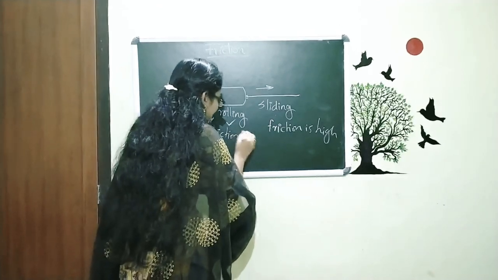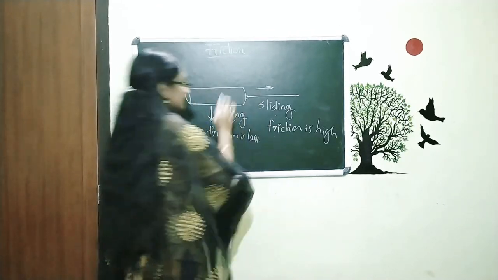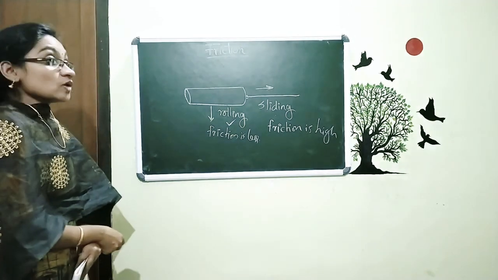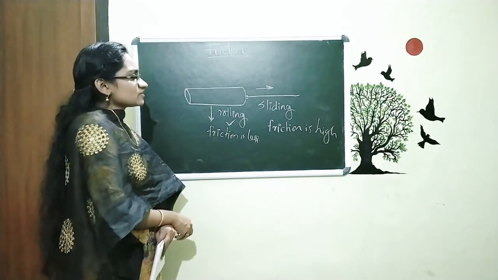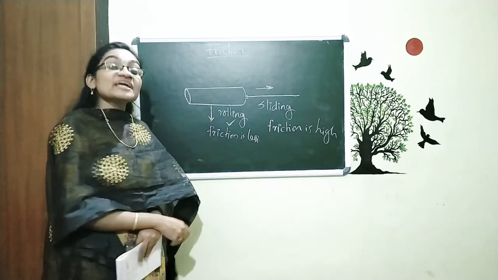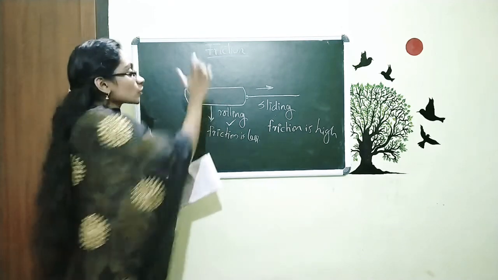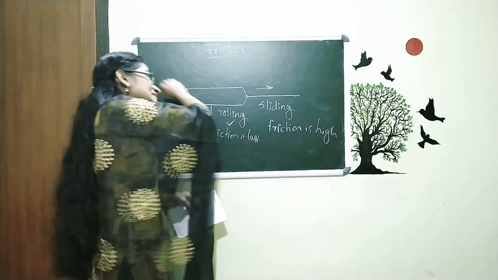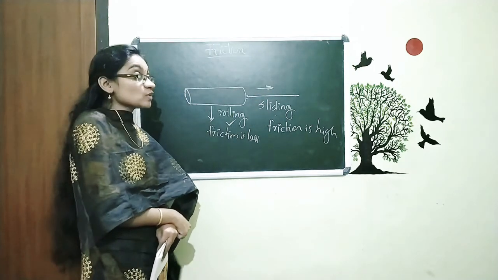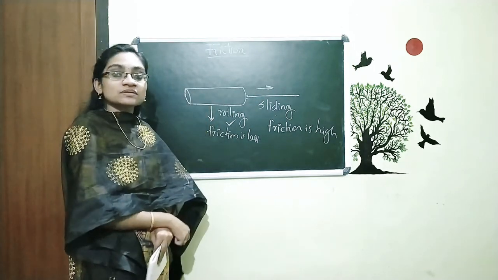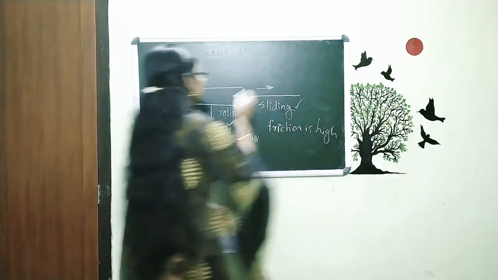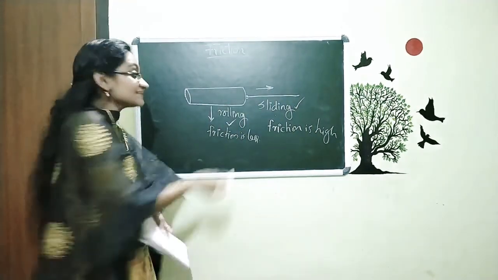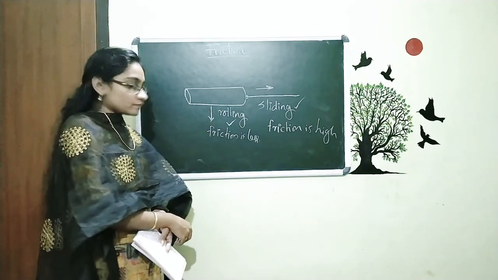Also, here we have another question: in which case will more damage occur to this wood? Is it for rolling this wood or for sliding it? Which is causing more damage to this wood? It is obviously the sliding. When we are sliding this, more damage occurs than with rolling.